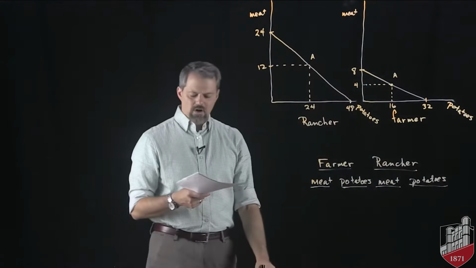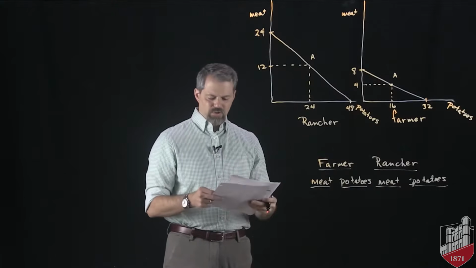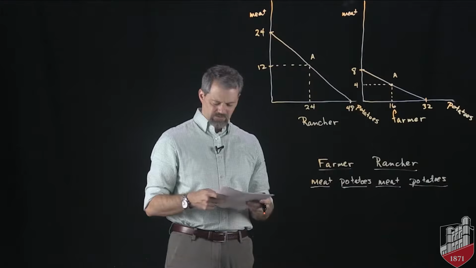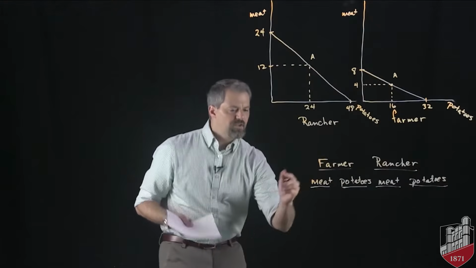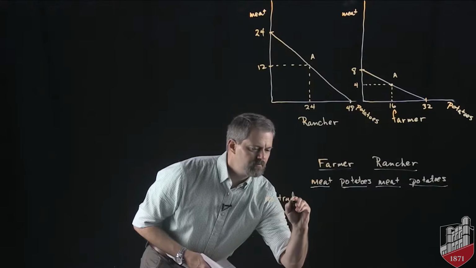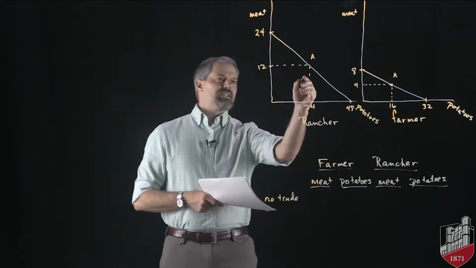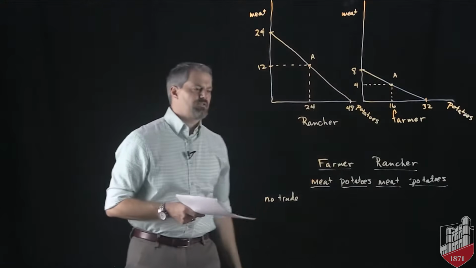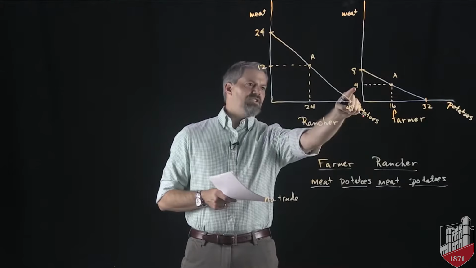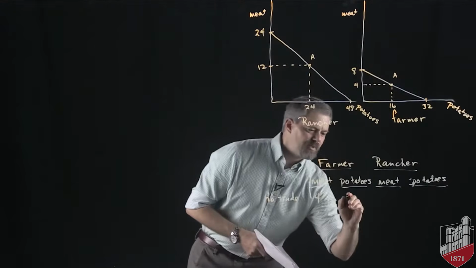And we're going to start with this autarky situation. So let's put up here the amount of meat and potatoes that they each produce when there's no trade. Now, those points are represented by point A in each of our pictures. So for our farmer, the farmer at the end of each day has 4 ounces of meat and 16 ounces of potatoes.